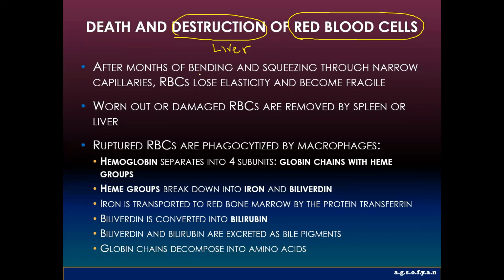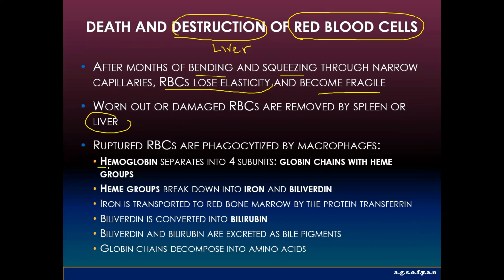Okay, so after months of bending and squeezing through the capillaries, red blood cells will lose their elasticity and become fragile. So this old red blood cell will be carried into the liver. In the liver, the red blood cell will be destroyed by processes like phagocytosis by macrophages.